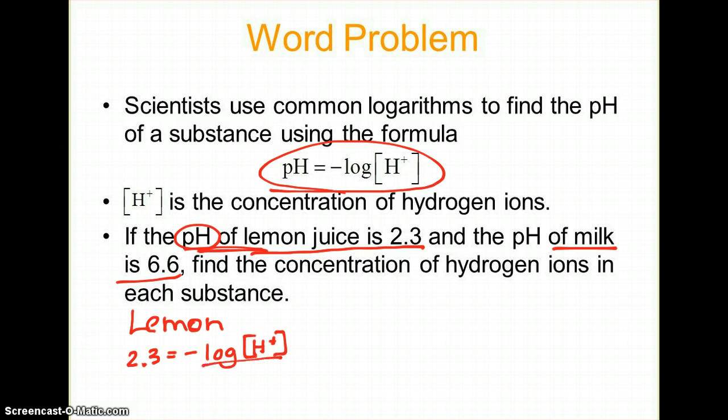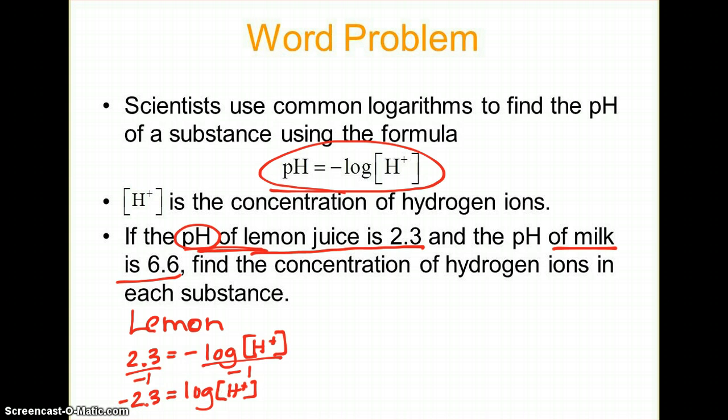First of all, this negative in front of the logarithm, we want to get that out of the way. So we're going to divide, and we get negative 2.3 equals the log of H. Now, since I don't know anything about the log of H and I have to find it, remember, this is the number that I get from my power. So the base of my logarithm is 10. The exponent is negative 2.3.